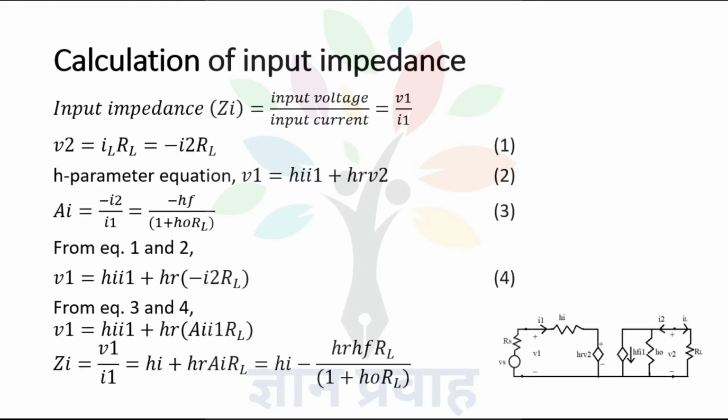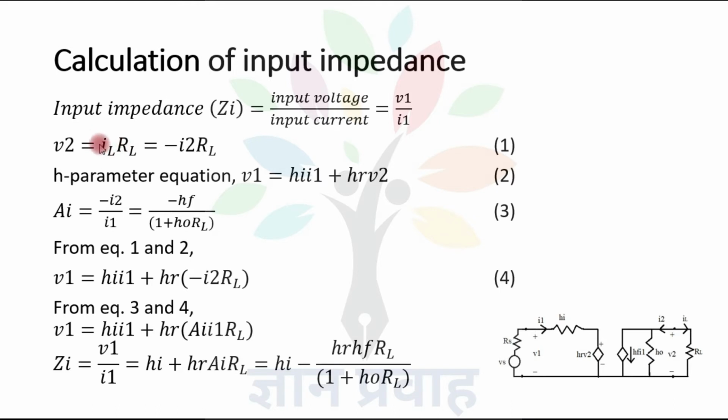The second parameter is input impedance. Input impedance is represented by Zi, and it is the ratio of input voltage to input current, V1 upon I1. By applying KVL in the output loop, V2 equals IL RL.